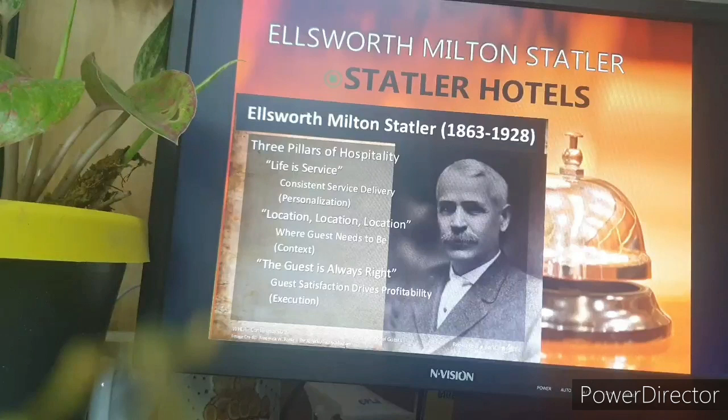Next in line, aside from life is service, we have the words location, location, location. That's the context, right? That's why people still go to the Baguio Country Club. For example, Le Chef, Lemonade, or the oldest Starbucks that is located at Baguio Country Club. Why? Even if it's too far, because of the service.